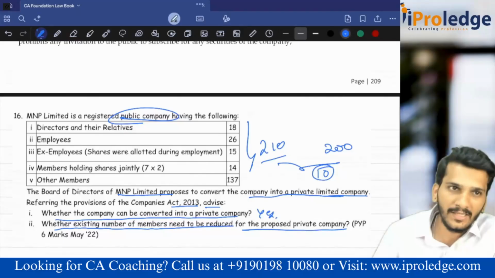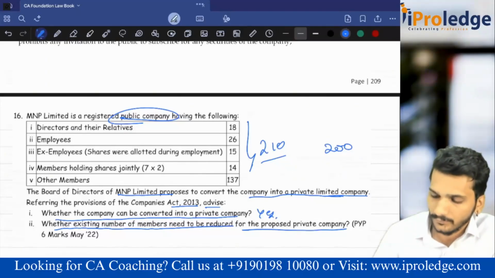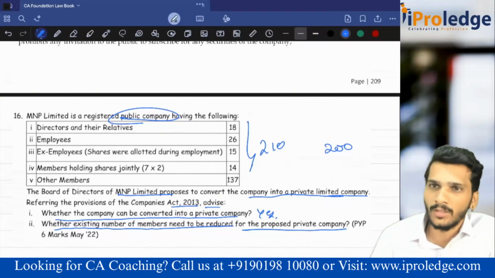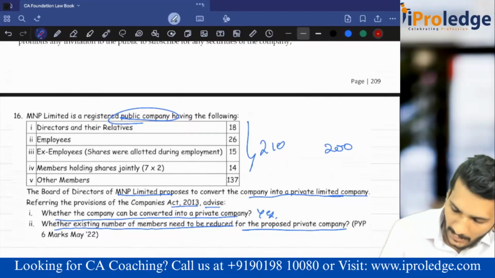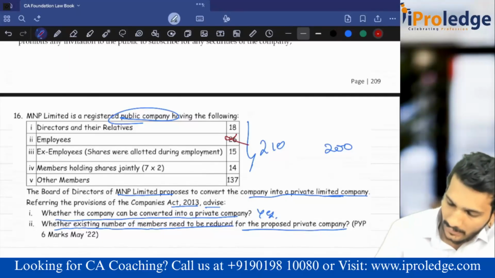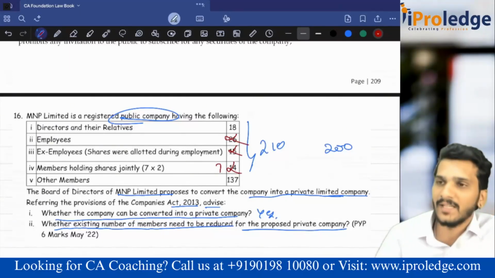How many of you say yes? Yes sir, 10 people have to be removed, then only we can convert into a private company. For that again we will go by the definition. Maximum number of members is 200, but for the purpose of 200 we will not count certain types of members. Here employees are there, that means 26 is not considered in the number of members, and ex-employees are also not considered. Joint shareholders 14 is not considered, only 7 is considered.